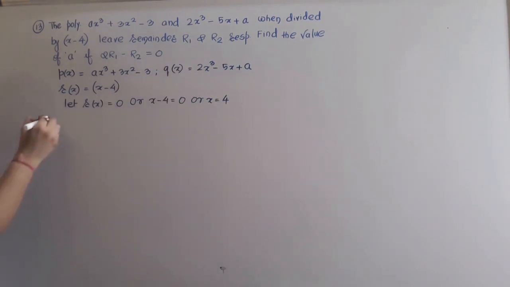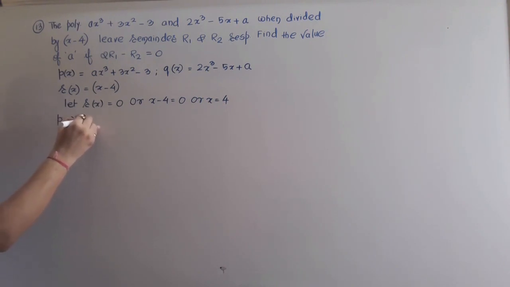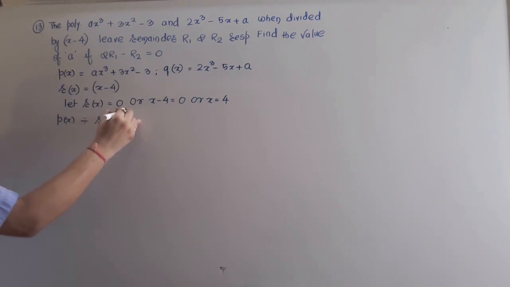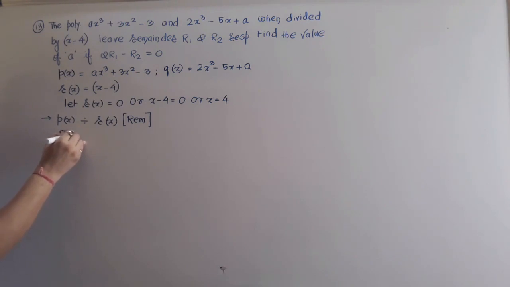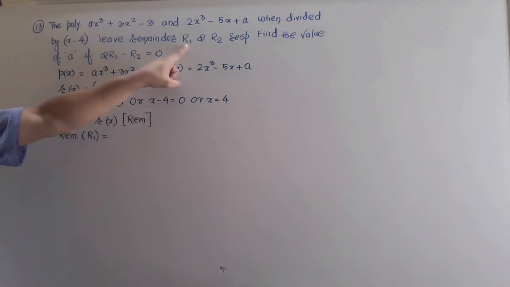Now let us find out the remainder when p of x is divided by r of x. For that I will keep the remainder as r1. Remember, earlier in some questions I had supposed r1 myself, but in this question r1 and r2 are defined in the question.